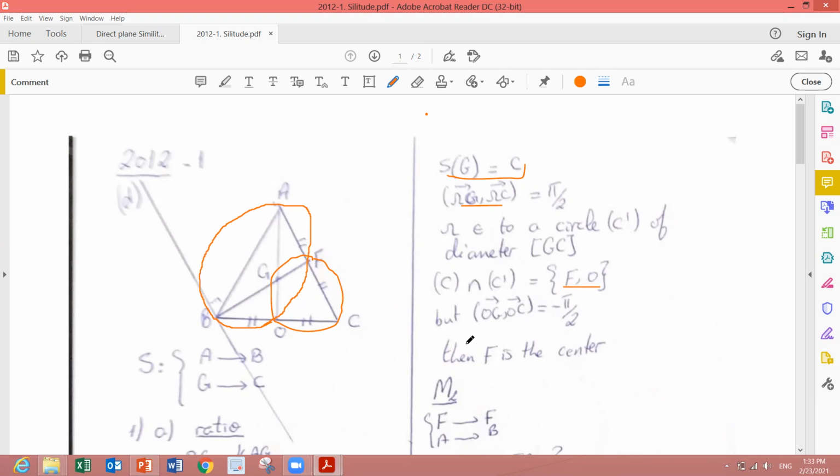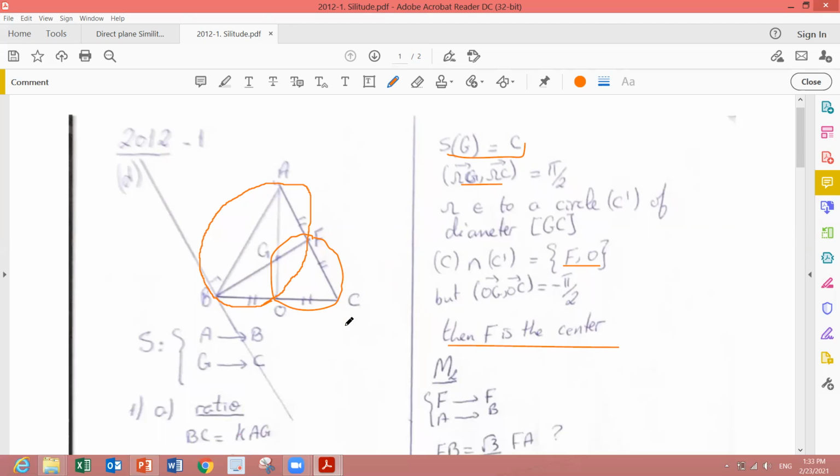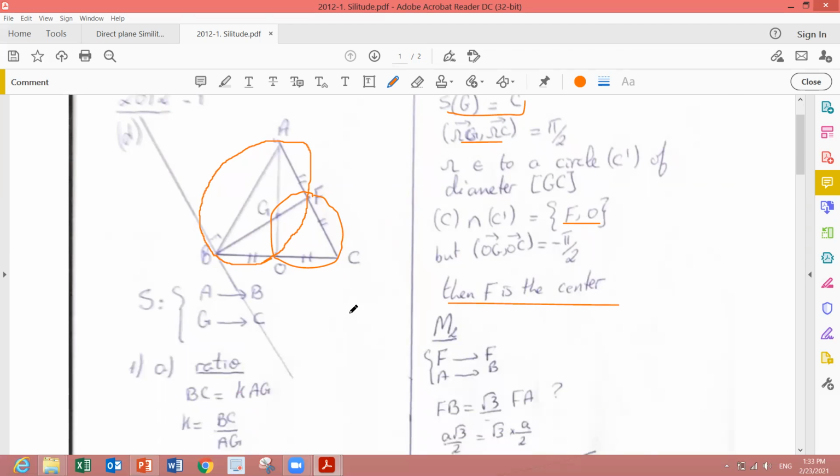Then O is not the center, so F is the center. For F to be the center or O to be the center, the angle OGOC must be pi over 2. But OGOC is minus pi over 2, so F is the center.